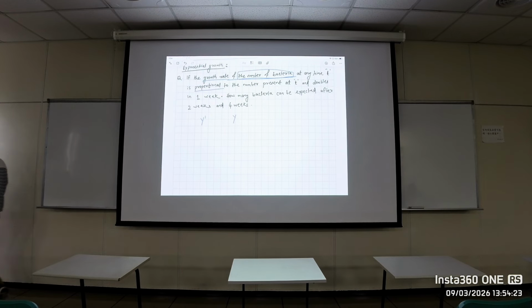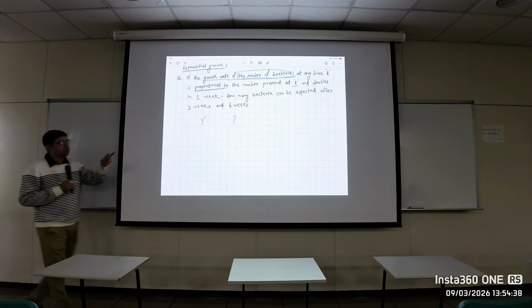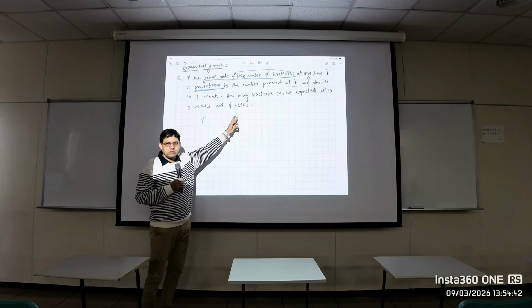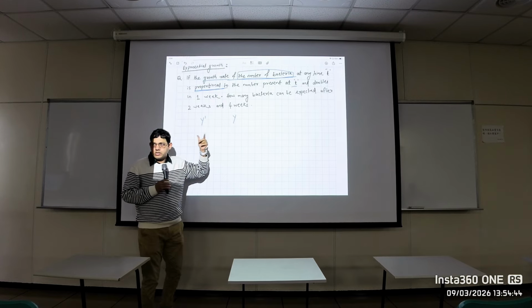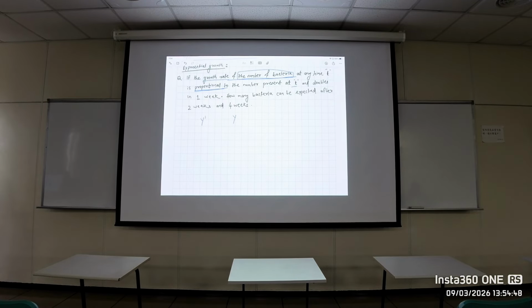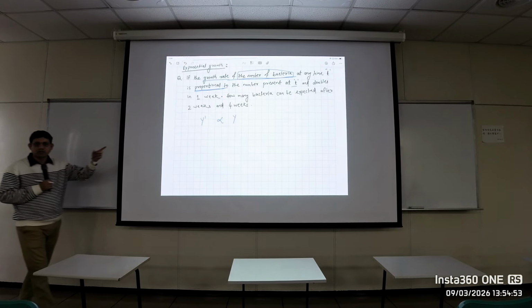And it is saying that the growth rate of the number of bacteria at any time t is proportional to the number present at t. That means if this is the growth rate and this is the number of bacteria at time t, I can simply write this.